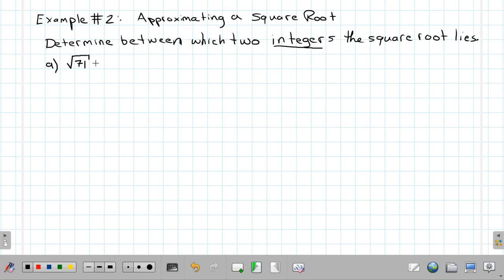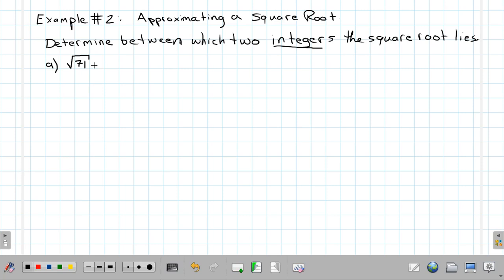If you think about the perfect squares, there's 1, 4, 9, 16, 25, 36, 49, 64, 81, and you can go through and list out all the perfect squares.